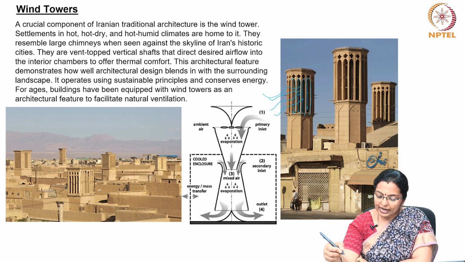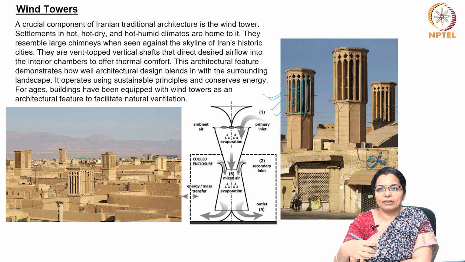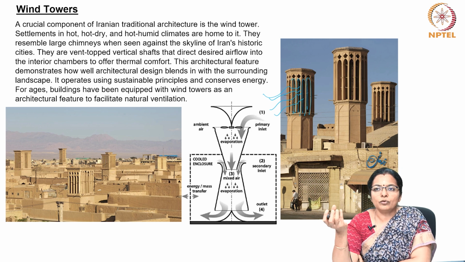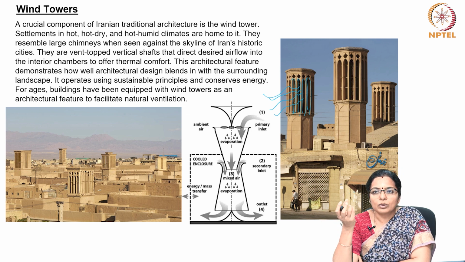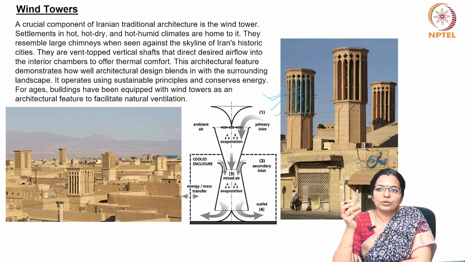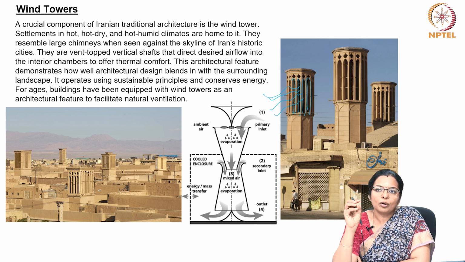When the breeze enters inside, then at a lower level there is some feature which is used to increase its humidity. So these vent-topped vertical shafts direct the airflow inside to offer thermal comfort.